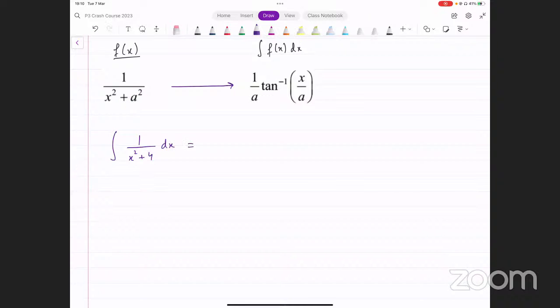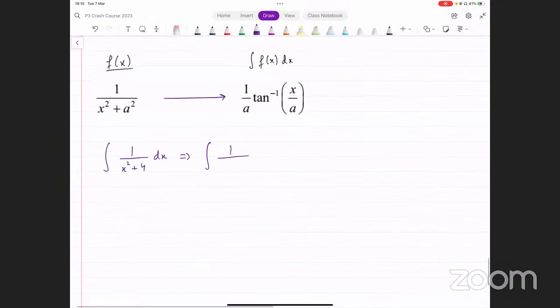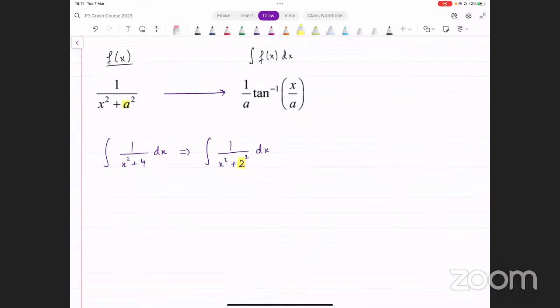I could write 4 as 2 squared, so I have 1 over x squared plus 2 squared. Then if I compare it with that form, I can see that in place of a, I have 2. This is exactly the form we have in this rule: 1 over x squared plus a squared can be integrated and converted to this form.